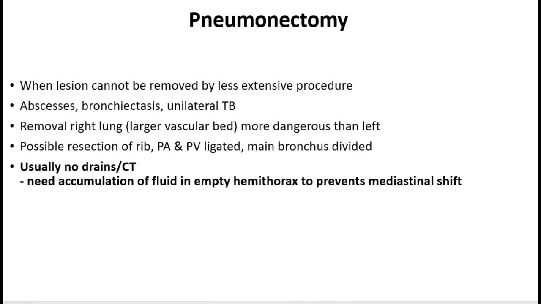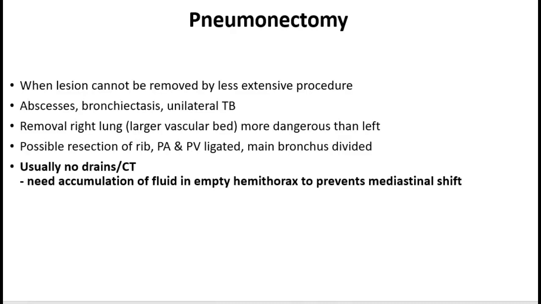It is more dangerous to take out the right than the left because, think about it, the left has 2 lobes and the right has 3, so definitely more vasculature there. And they usually would have no drains, no chest tube, right? We need the person to have an accumulation of the fluid to prevent that mediastinal shift.